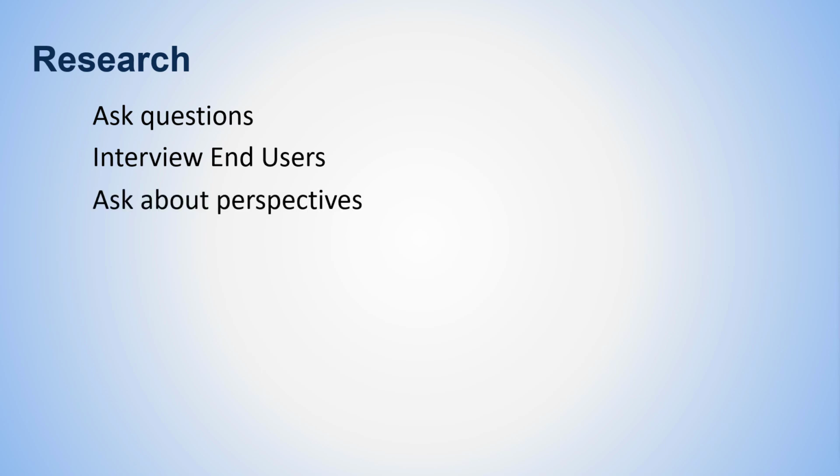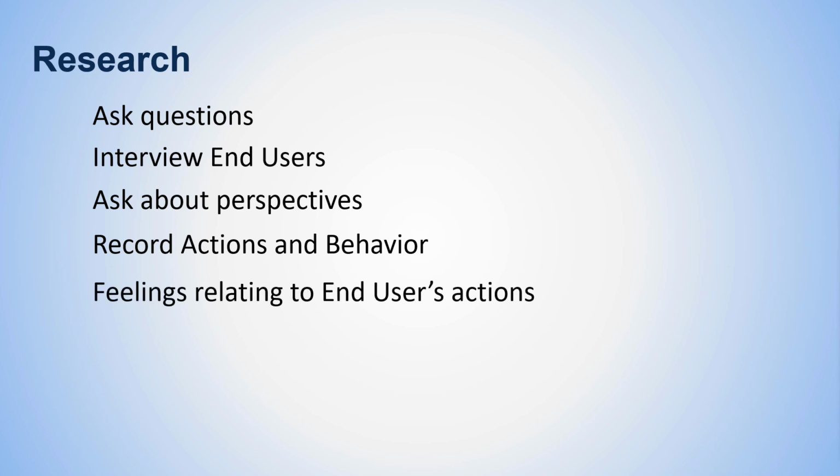Be sure to closely observe the end user using the product and how they work with it, recording their behavior when they use the product and how it makes them feel, and investigating the scope of other similar products and how they compare to your product's problem.